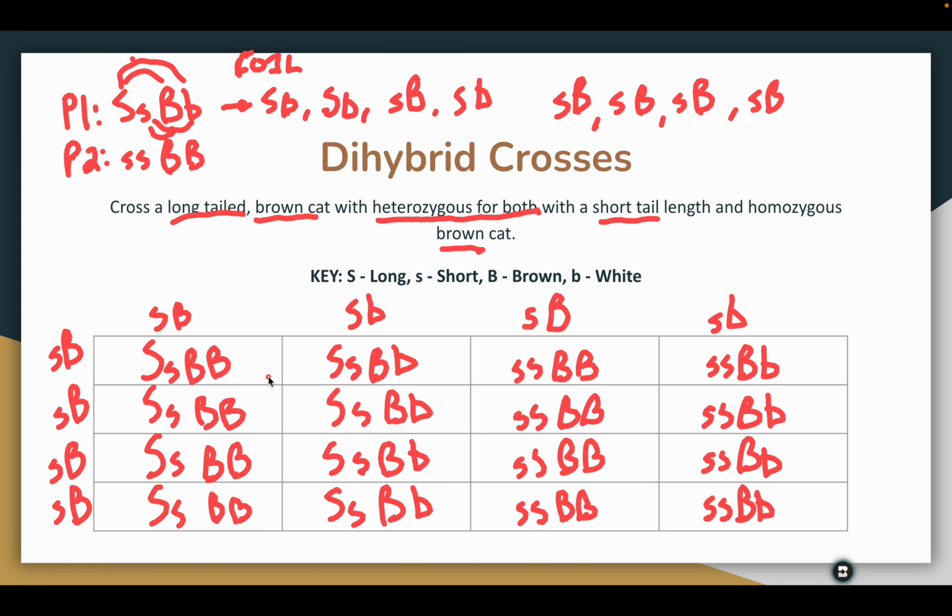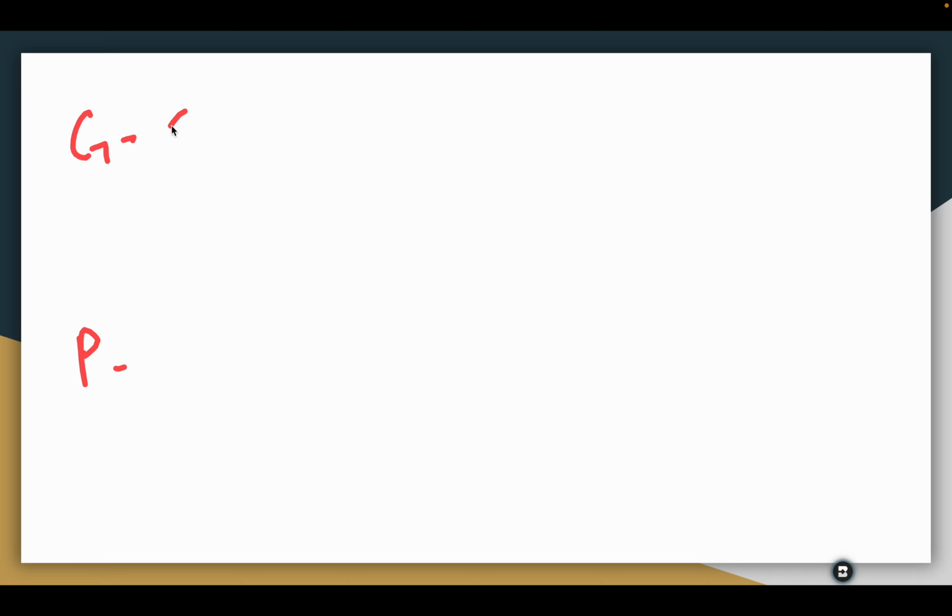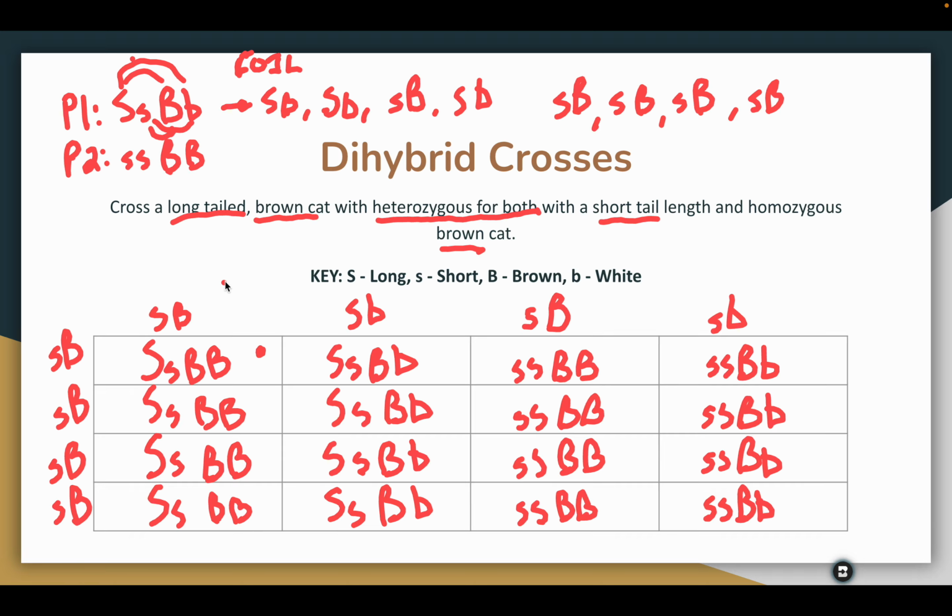We're going to start with what's listed. What I like to do is make a little symbol in the top right corner that tells me I'm starting with this genotype right here. So we have heterozygous S, big B, big B.